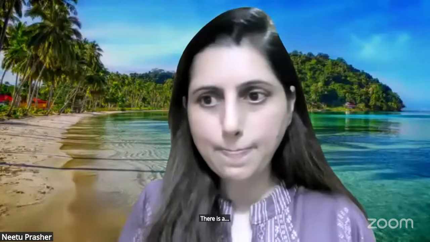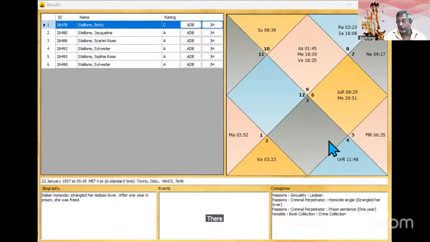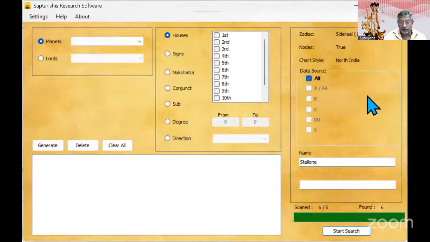Sir, Chetan has a question. There is a name search feature also. Can you see the screen now where the name is written?